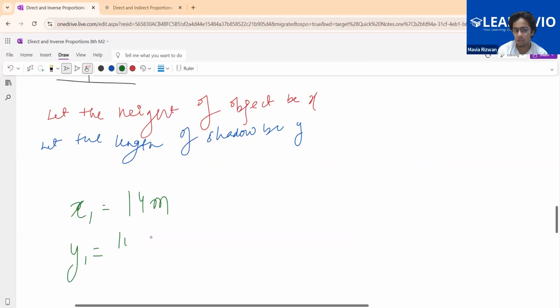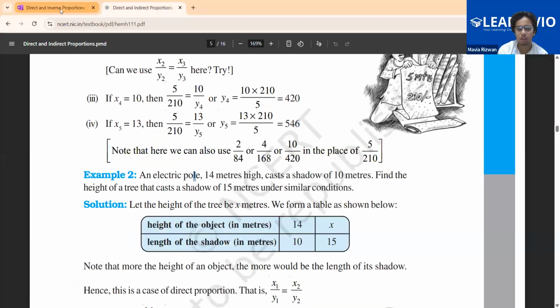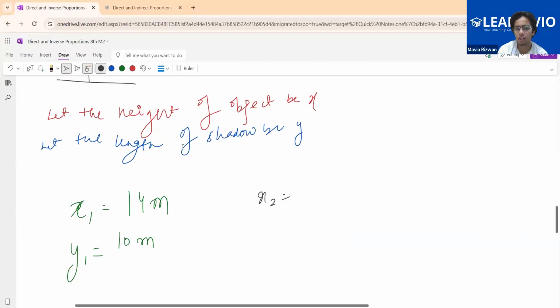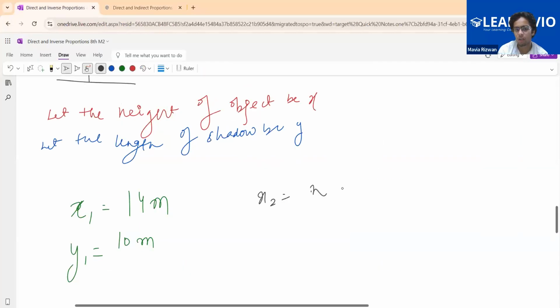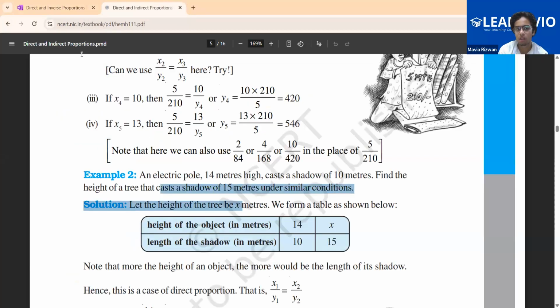Now take the second type of quantity as x2. x2 is the height of the tree, which they are asking in the question. We have to find this out. And the corresponding shadow of the tree is given in the question, that is 15 meters.